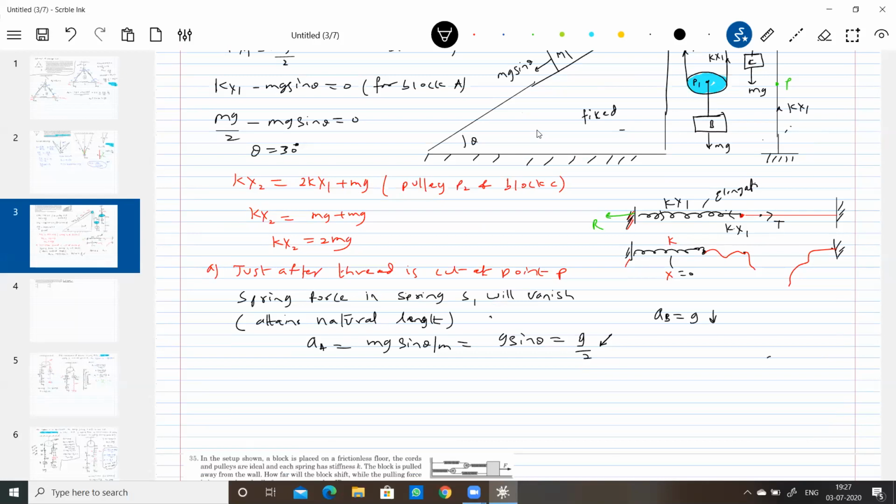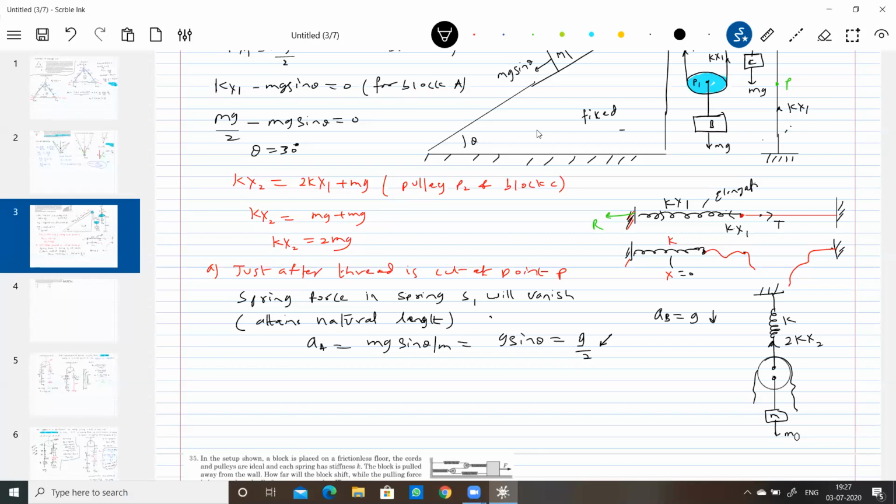Sir, will it accelerate upwards, sir? Yeah, that's what I'm telling. So this is the spring. Okay, now here that spring force will remain as it is, no?